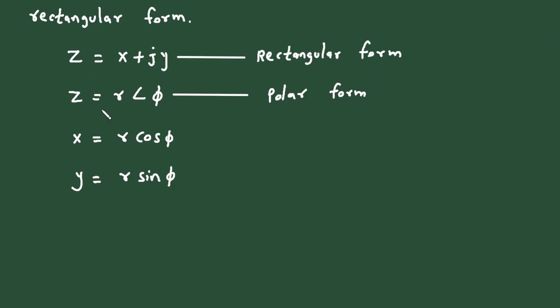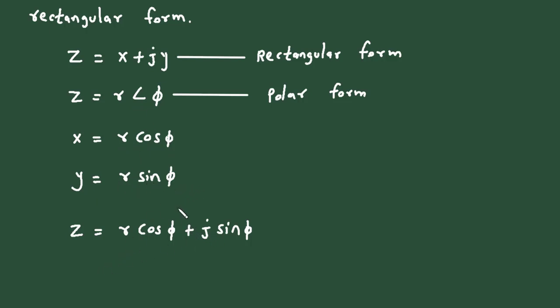So therefore the formula will be z is equal to r cos phi plus j sin phi. Here we can see in place of x we can substitute r cos phi, and in place of y we can substitute r sin phi.